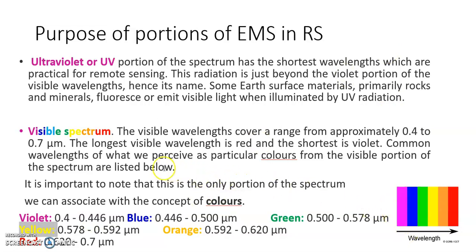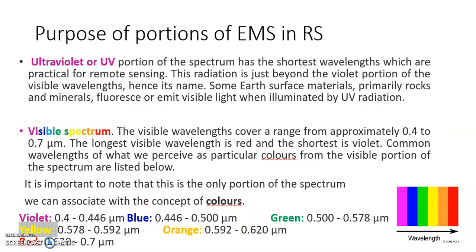The common wavelengths of what we perceive as particular colors from the visible portion of the spectrum are given here. If I break out each color, it has different wavelengths, and all the wavelengths are mentioned here.